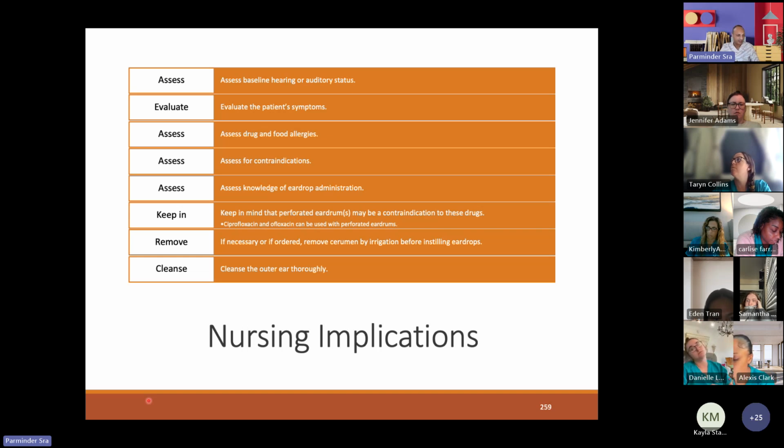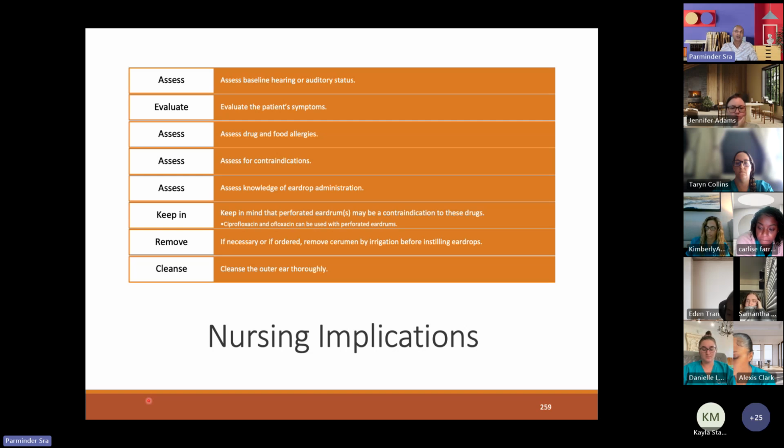Always have a baseline hearing so that you can compare if the symptoms have improved or not. And make sure there is no condition which could be a contraindication. If you have a perforated eardrum, certain drugs can't be used.